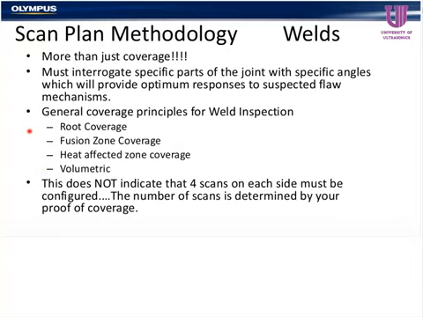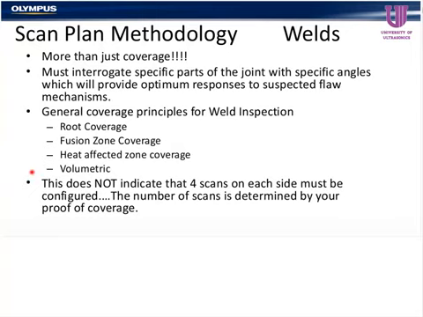We'll run through these four areas and highlight why we look at them separately and what we want to look for in each one. What this means is we basically treat our scan plan like a checklist. We set up our beams to look at all four of these areas individually.